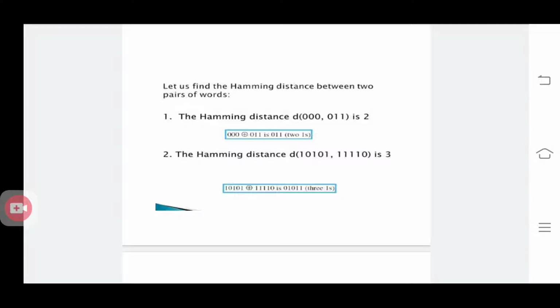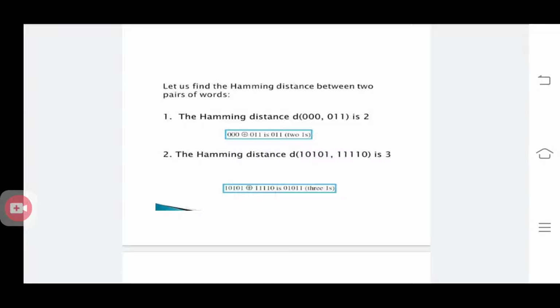Or else you can find it by using the XOR operation. You XOR the two words, and two ones appear in the result.